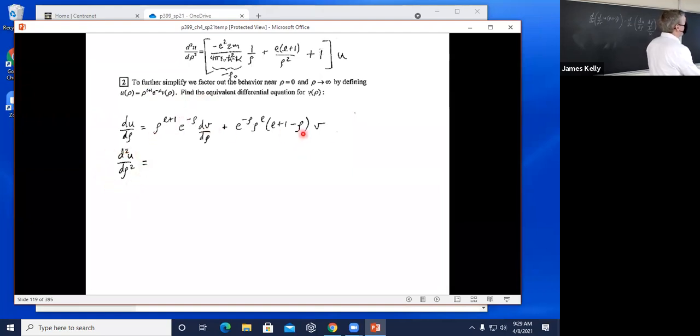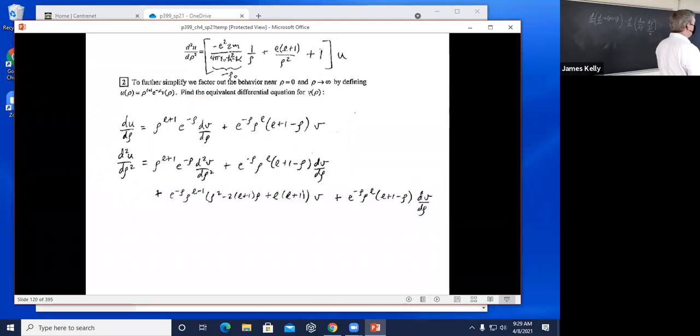So I got to take the derivative of this mess with respect to rho, which then turns into kind of a real mess. I've got to take the derivative of this with respect to rho. Well, that again is a product rule, and this, there's a product rule there. And that gives me four different terms here, which are kind of a mess, at least initially. And then I'm going to collect together terms.